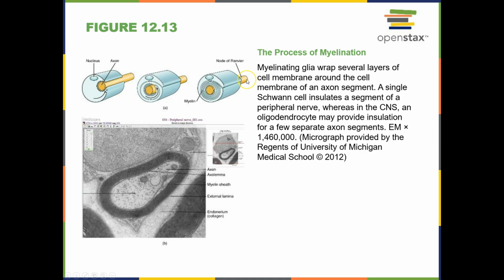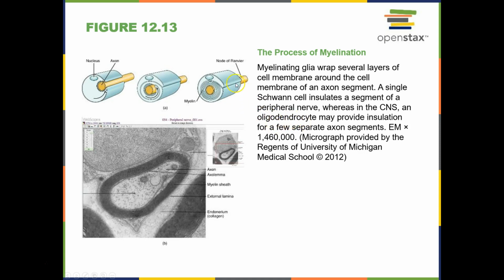What this does is it allows for information to be processed faster because we don't have to worry about this area that's been wrapped with a myelin sheath. We can move from here to the next region of the axon.